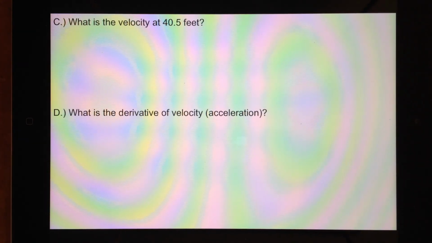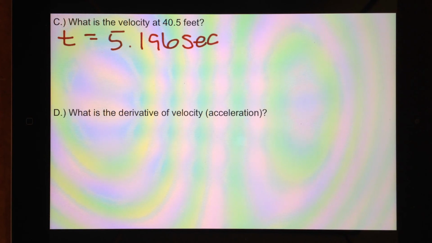Now we ask, what is the velocity at 40.5 feet? We now know that the time at 40.5 feet is 5.196 seconds. But we need to know the derivative of the distance so we can find the velocity.